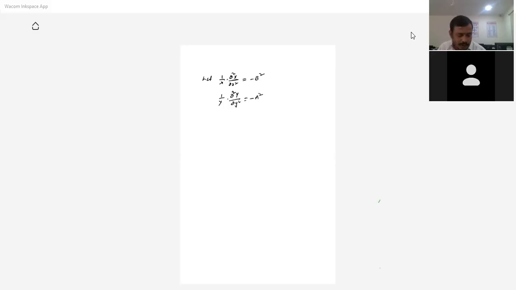Now substitute in the above equation, then you can write minus b square, minus a square plus h square is equal to 0. So from this you can write h square is equal to a square plus b square, equation number 4.